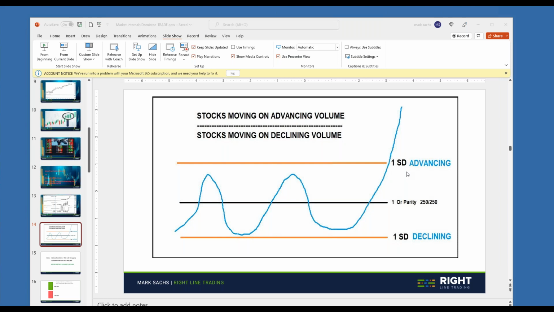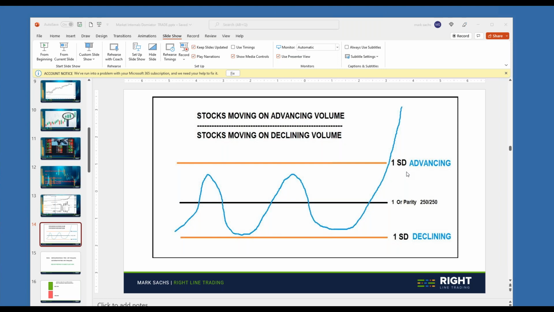Is the disparity in the numerator and the denominator enough to call a market direction, or is it simply within the normal harmonic of the market, where stocks are just sort of moving back and forth between up volume and down volume because they're just being driven by us as small retail traders?